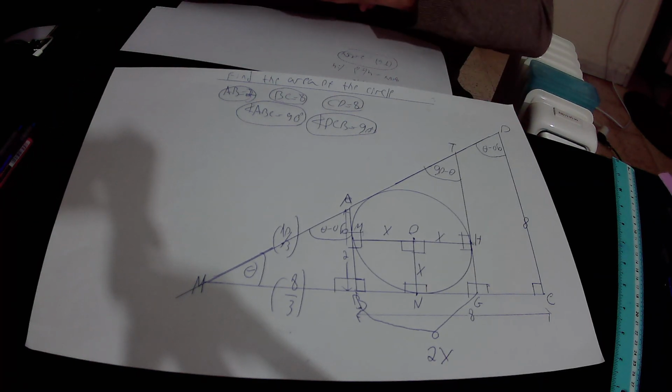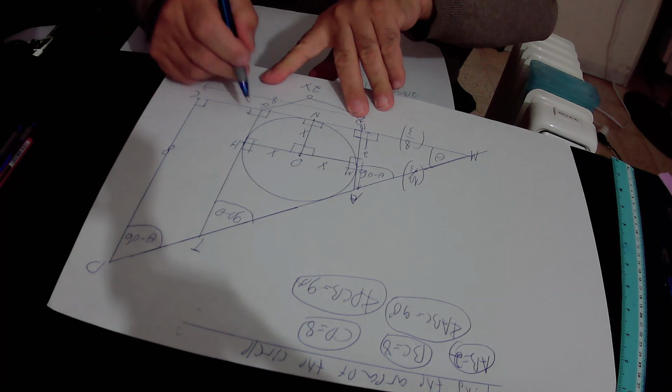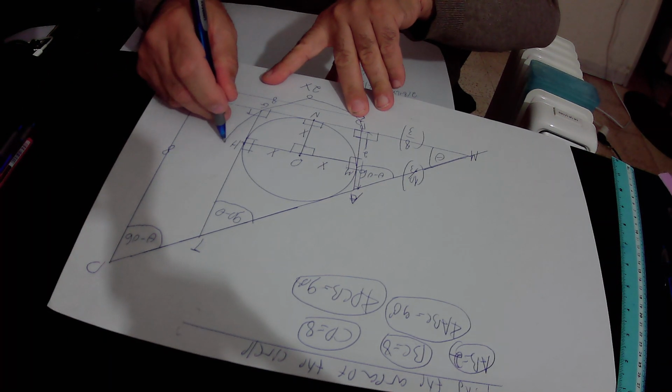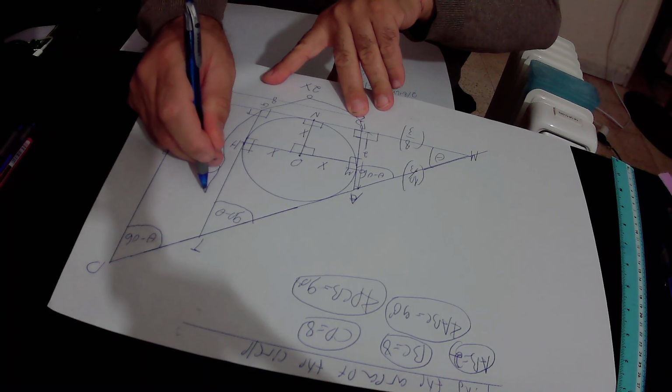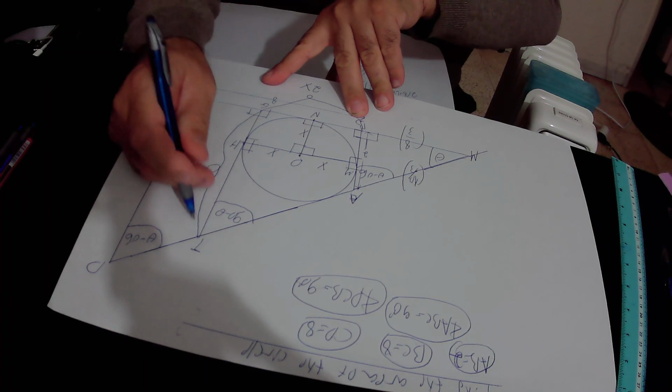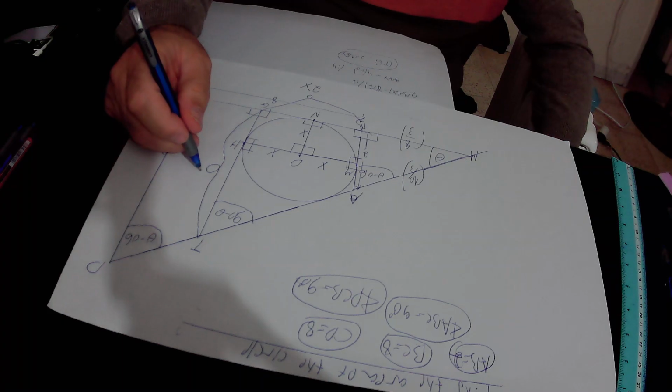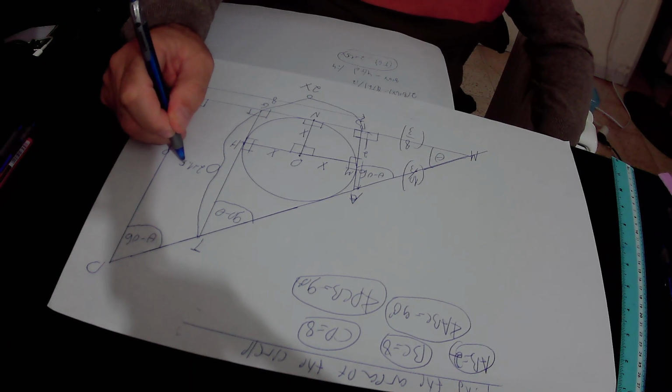Write down here: this line segment TG equals 2 plus 1.5x.